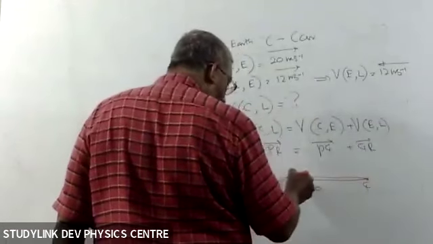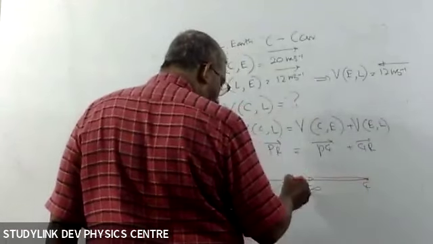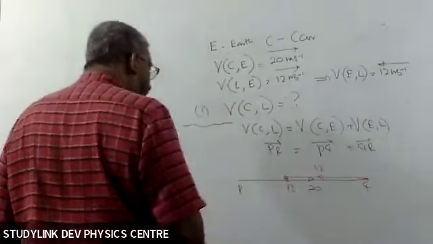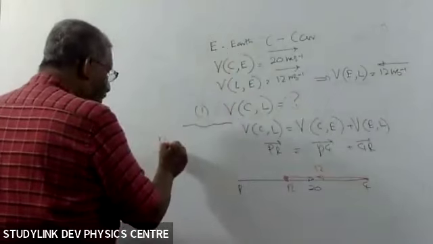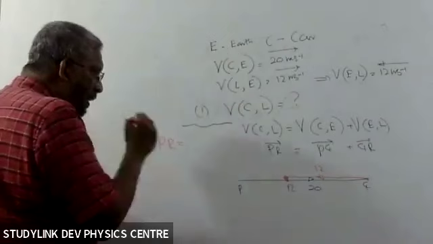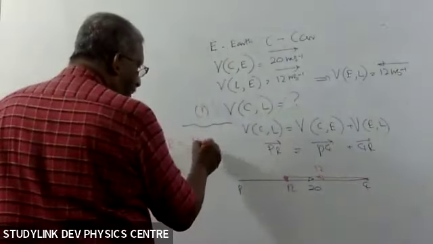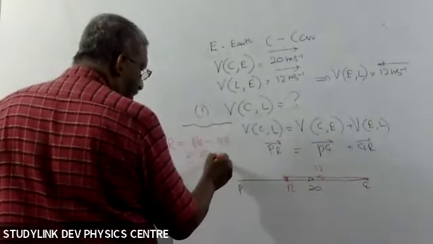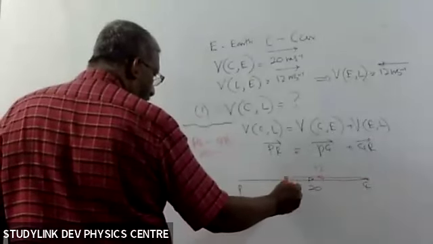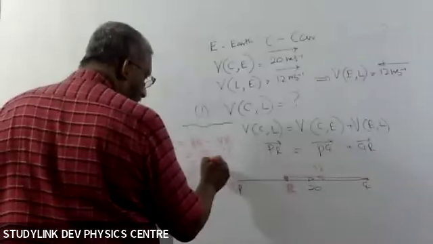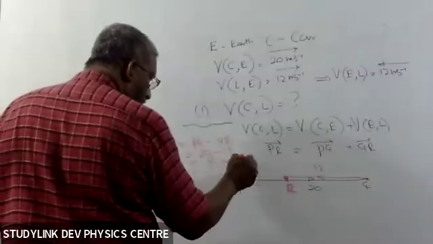From here it should come back 12, and R must be here. Then our value is PR. PR is equal to PQ minus QR. Longer method: 20 minus 12, that is 8 m/s.